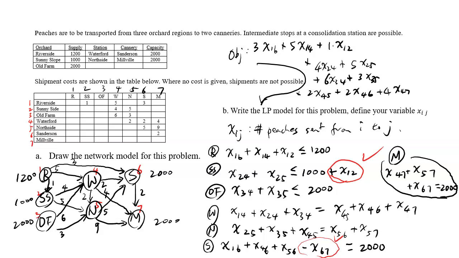I'm reading this line here. Just 2 more lines to go. 5 times x5 6. 9 times x5 7. And finally, 2 times x6 7. So that's your objective function, and you have to minimize.